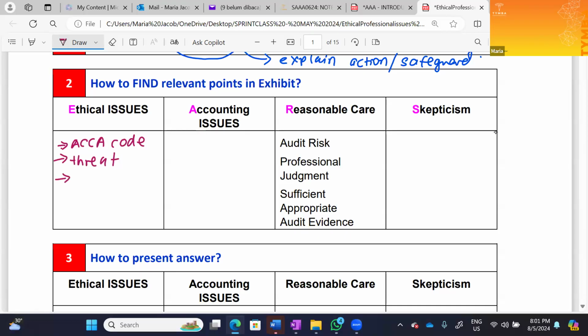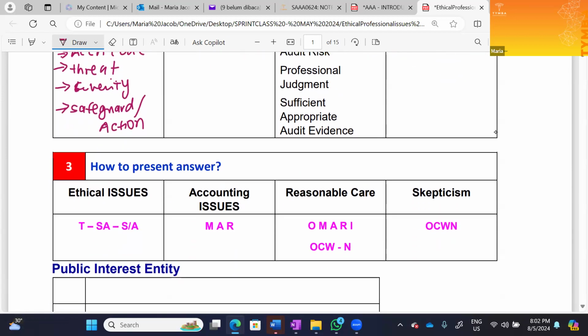So you have to explain what the threat was, what the severity of it is, and also what should be your action, in terms of what will be your safeguard or your action. So the way you answer your question for an ethical issue will be threat, severity, your ACCA code, your safeguard or your action. You want to remember this format when it comes to an ethical issue.